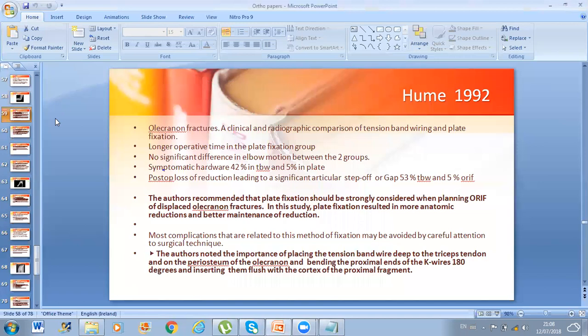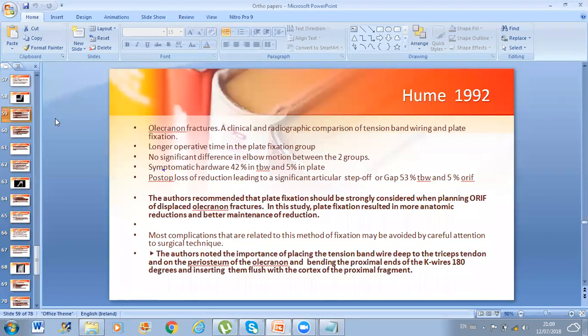Okay. So this guy, Hume et al. 1992, he compared the clinical and radiographic outcomes of tension band wiring with plate fixation. He quoted that longer operative time is needed for plate fixation, but there is no significant difference in elbow motion between the two groups. The TBW has more symptomatic hardware than plate.